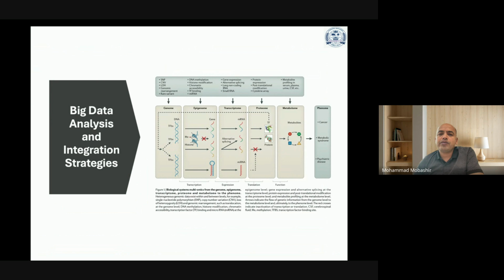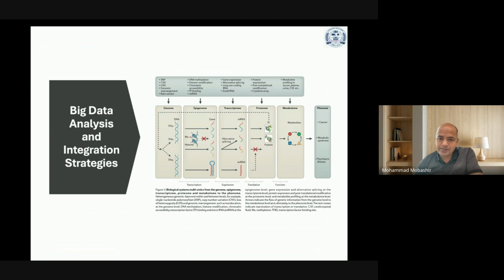At the transcriptome level, gene expression, alteration, splicing, long non-coding RNAs or lncRNA, small RNA or sRNA. Then at the proteomics level, we study protein expression, post-translational modifications such as phosphorylation, dephosphorylation, cytokine array. Then at the metabolomics level, it is metabolite profiling in serum, plasma, urine, CSF.